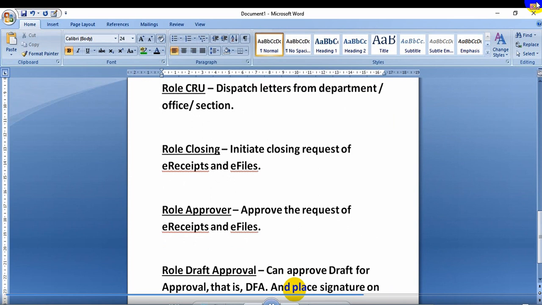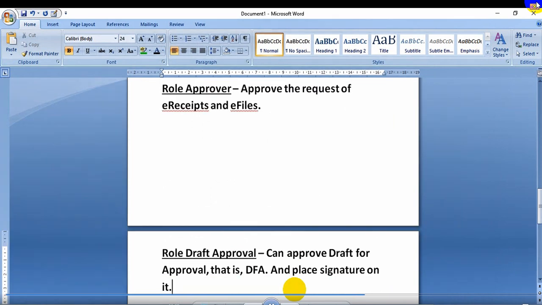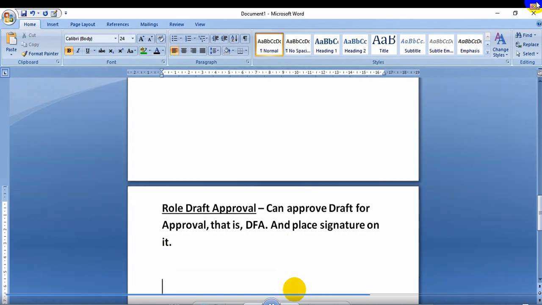And place signature on it. Okay, so that the letter becomes approved and signed, so that the signed letter can be used as we usually do, like sending to concerned persons and offices.